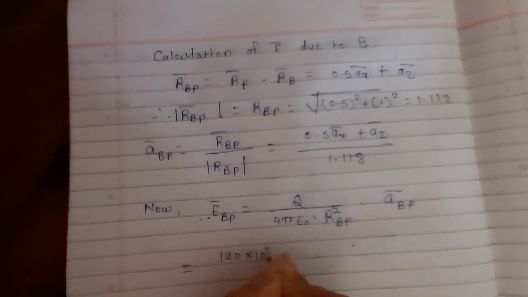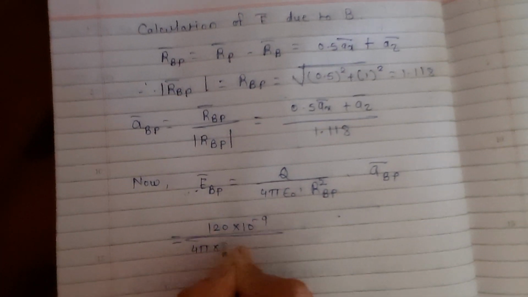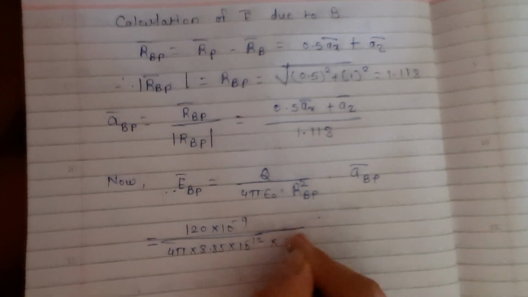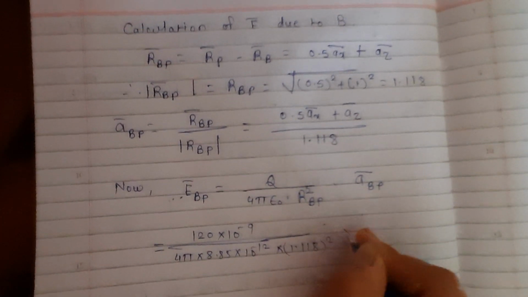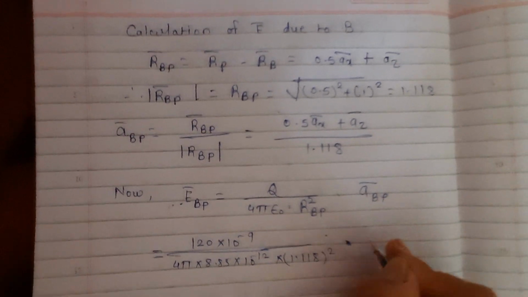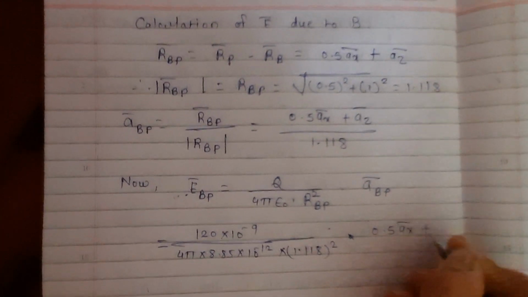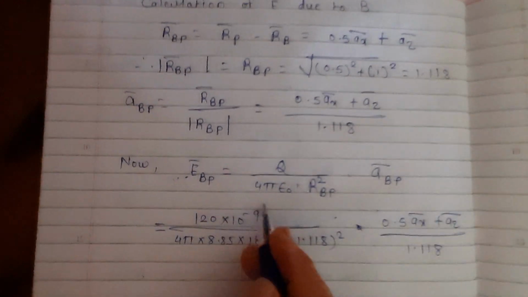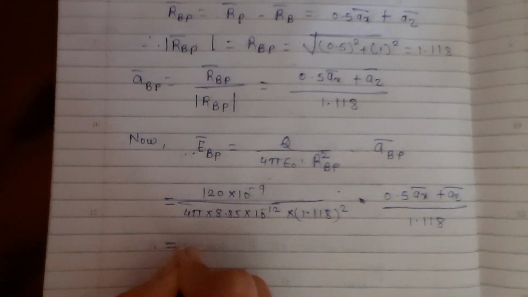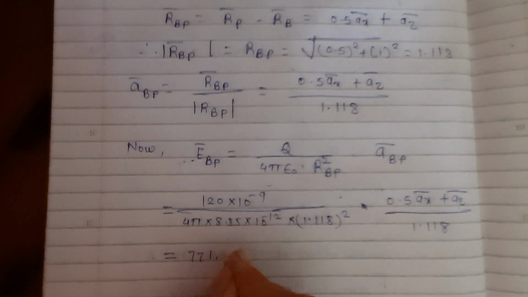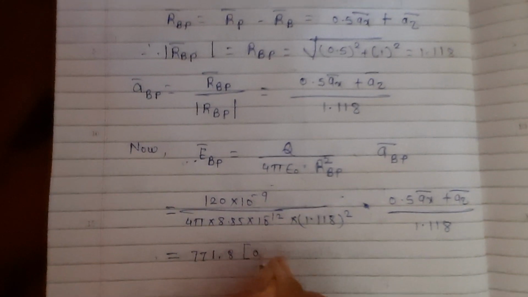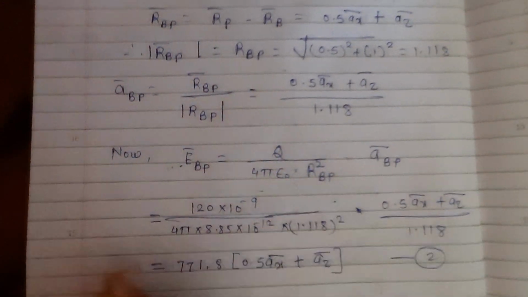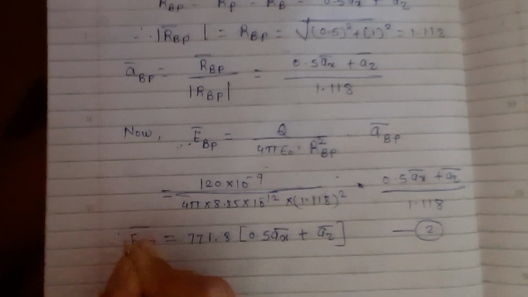So it is 120 into 10 raised to minus 9, divided by 4 pi into 8.85 into 10 raised to minus 12, into 1.118 square, into 0.5 ax bar plus az bar divided by 1.118. So we solve this part and the output is 771.8 into (0.5 ax bar plus az bar). This is equation 2. This is E_BP bar.